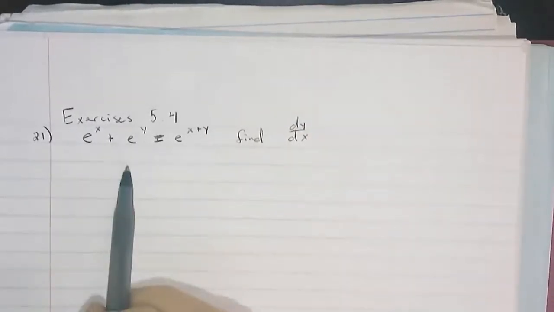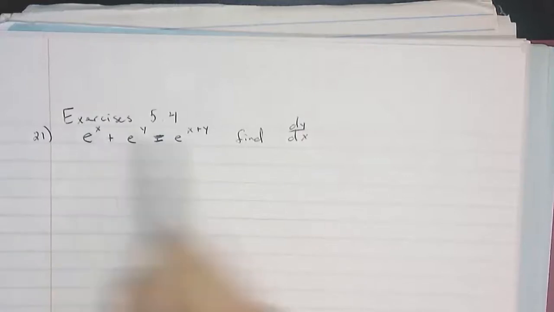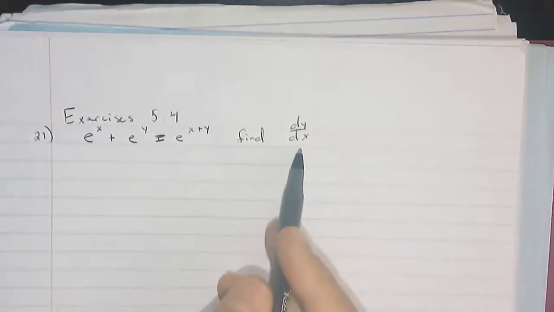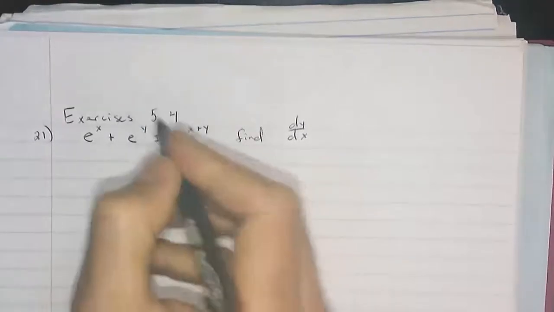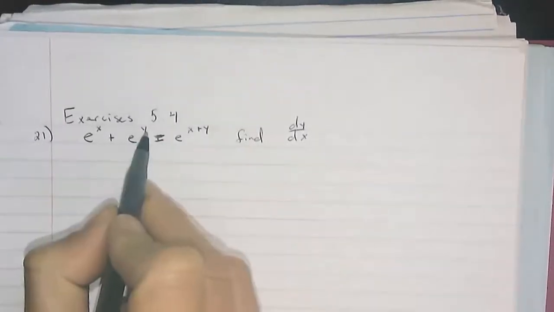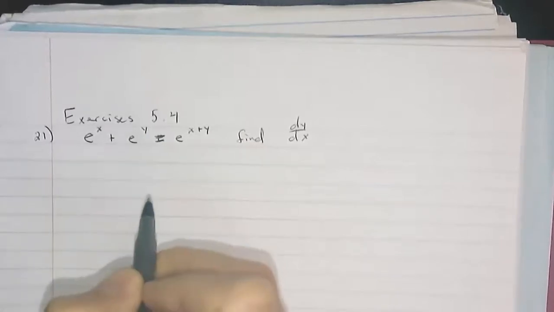Okay, so what's going to happen here is when we differentiate, the e to the x's, since we're differentiating with respect to x, are just going to become e to the x. However, when we differentiate anything with e to the y, we're going to get e to the y times the derivative, dy/dx. Because the chain rule is going to say, oh, y is a function of x, and so we need to differentiate that.